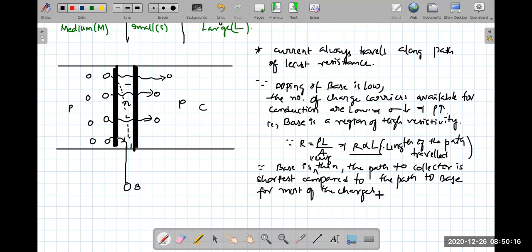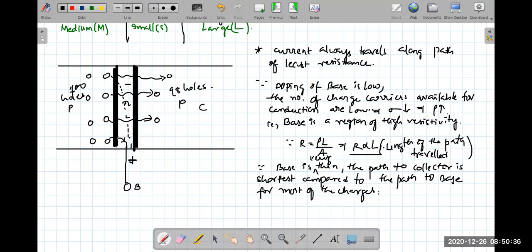Shortest means least resistance. So that's how the charges will be reaching the collector. So here you can assume that if 100 holes are there, out of them 98 will be reaching the collector, whether they may be holes or electrons.